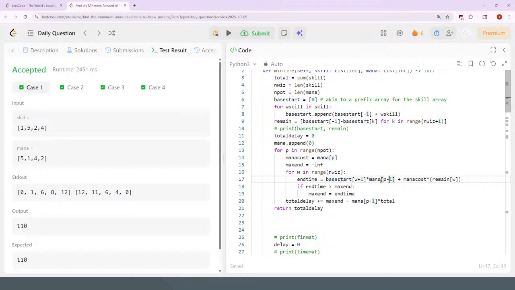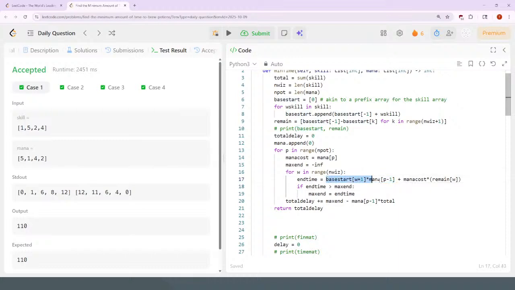So when they finish the previous potion is when the wizard after them starts, scaled by whatever potion cost that was.